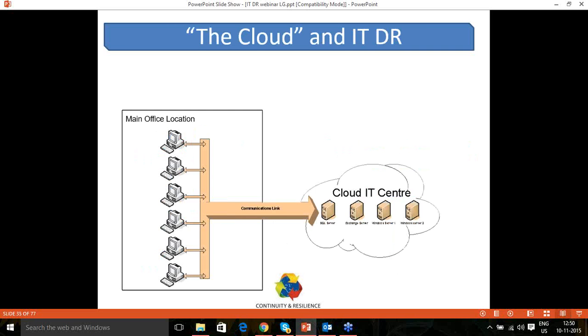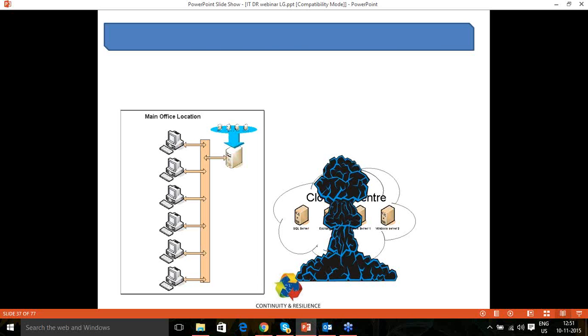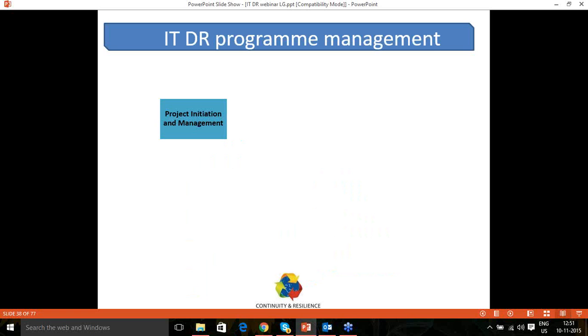Even if I am on cloud, I need to have ITDR in place because cloud can go bad. I need to have a replication of the data of the technology available near to me so that if my cloud is not available, I can access it physically, right? As we see in this slide.